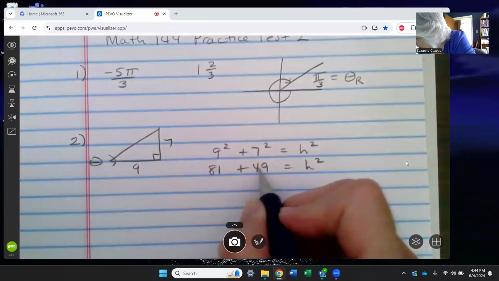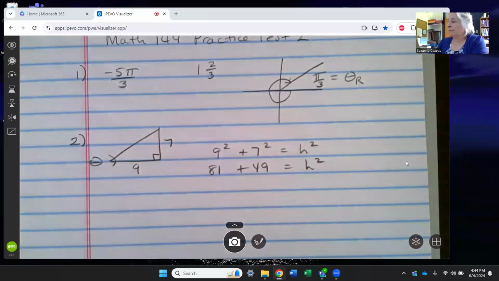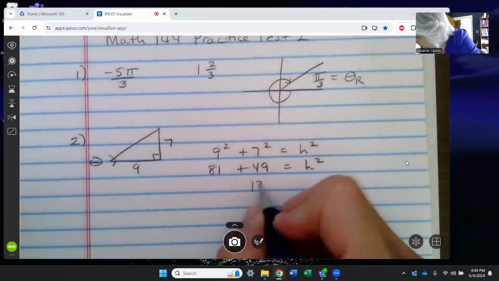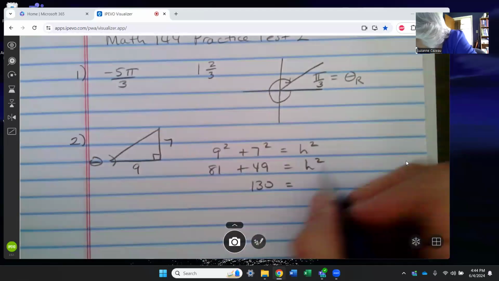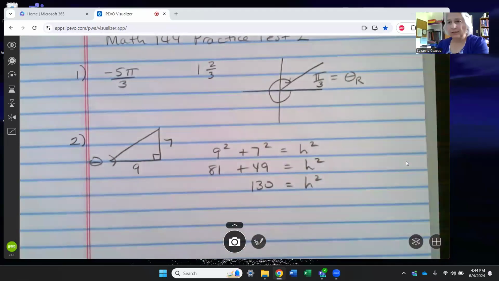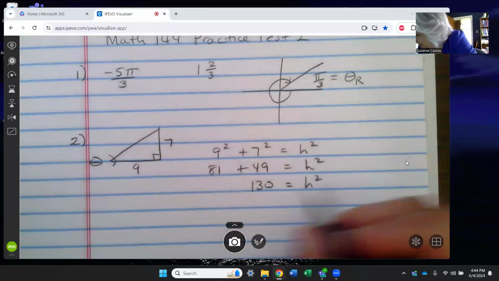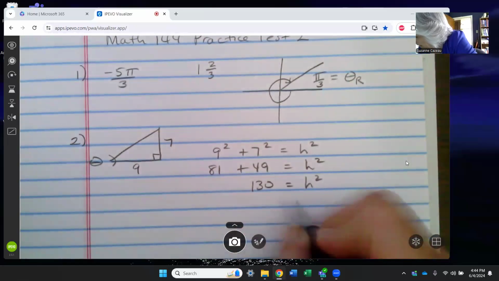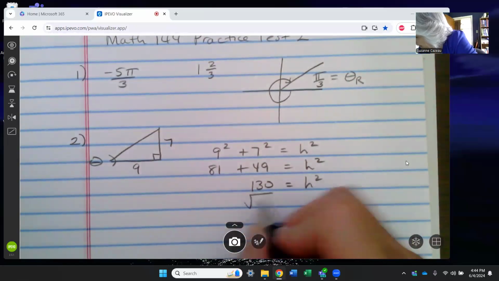That's going to be 80 plus 50. 130, is that right? 130? And so now we get to do the square root. What is that? 13 times 10, which is 13 times 2 times 5. So you won't be able to reduce that at all. So that means then that h is the square root of 130.